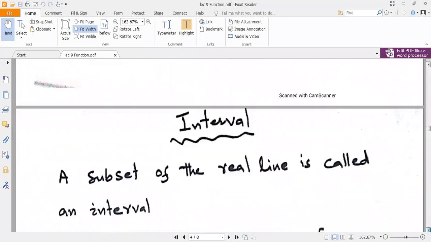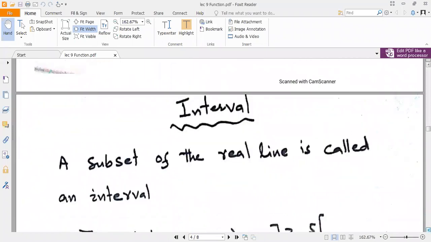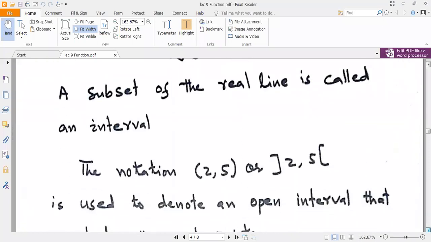Okay, now we come to some basic concepts of interval. What is an interval? A subset of the real line is called an interval. It means you take any subset of the real line, and there are different intervals.